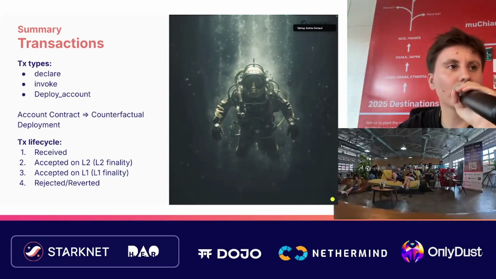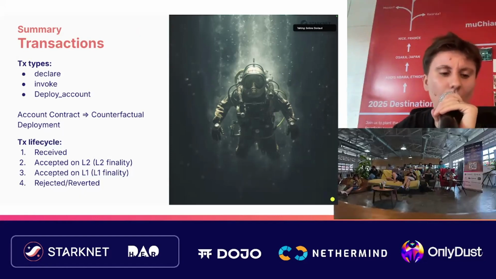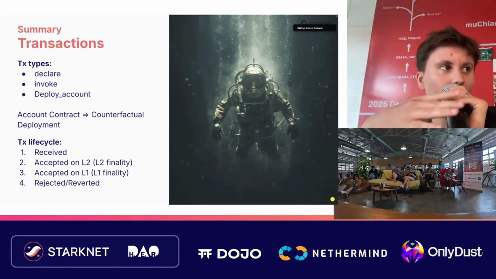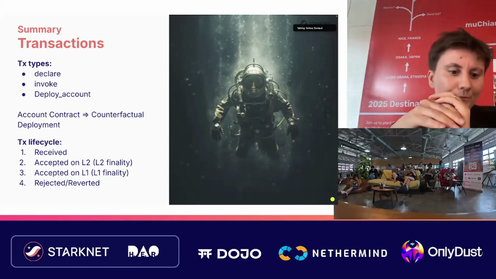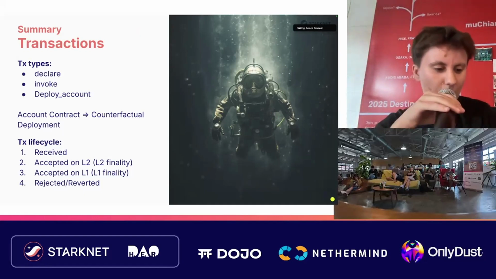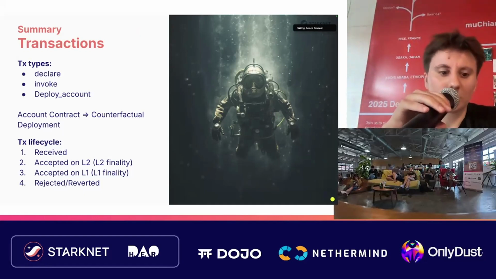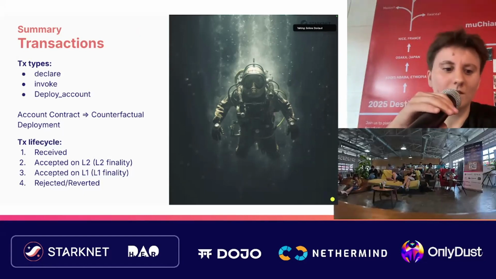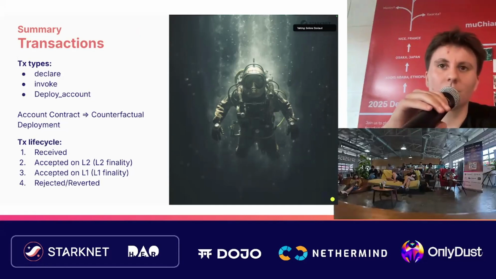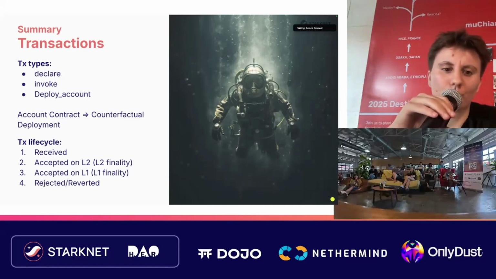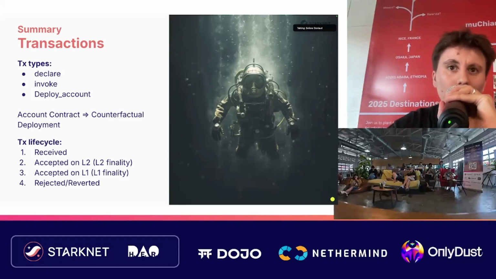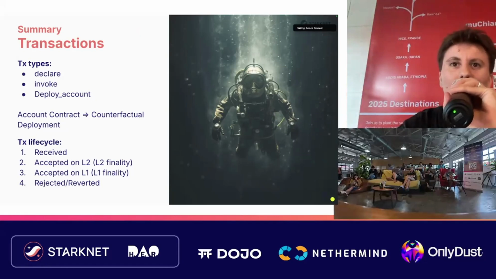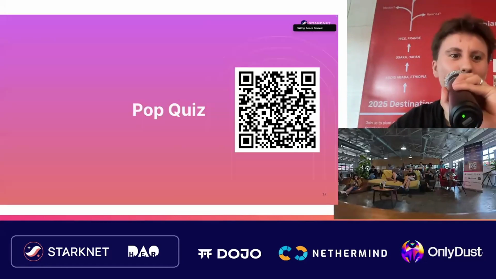And for the life cycle, we have four major states: received, accepted on layer 2, so layer 2 finality, like I said before, accepted on layer 1 with layer 1 finality, so it's when the proof is accepted, and rejected or reverted. And that's all for this part. Like I said before, I try to simplify as much as possible for you.